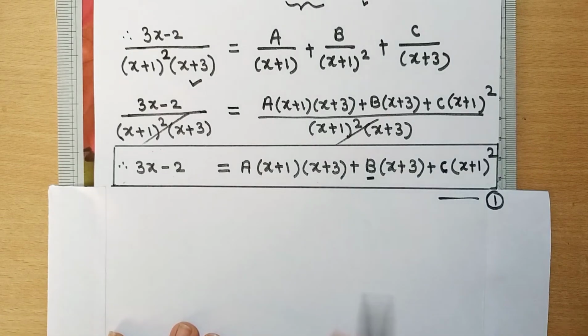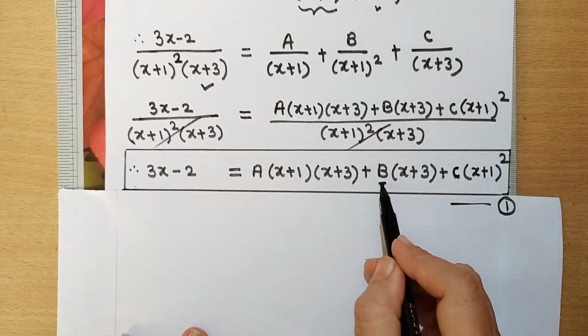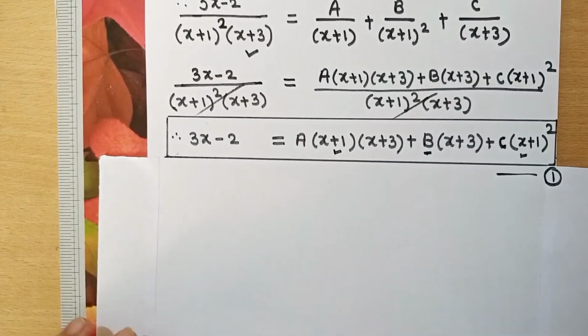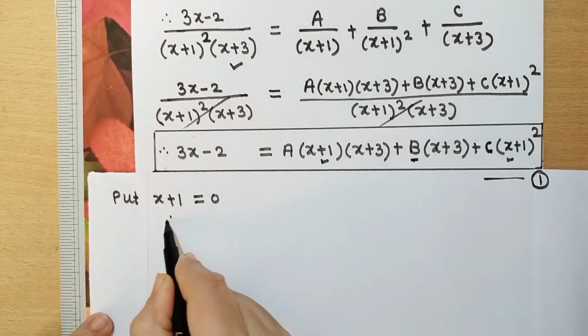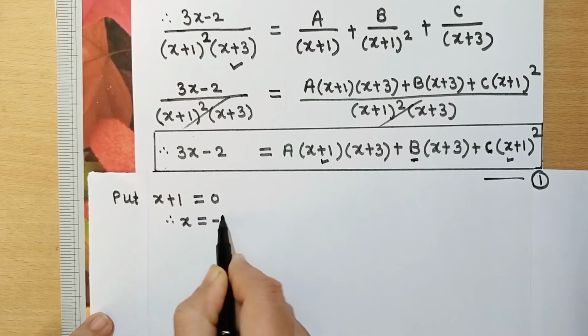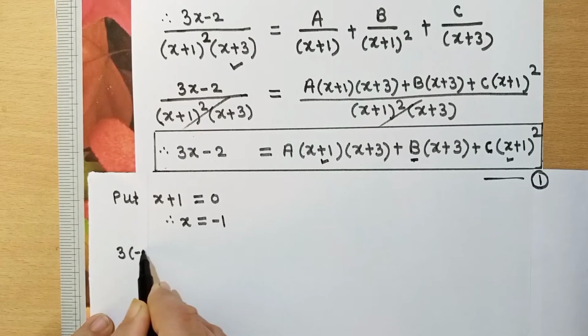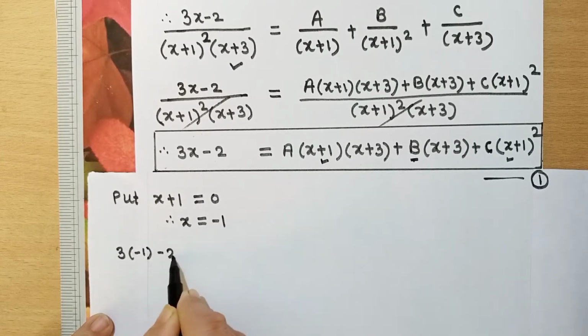First we will find out the value of B. For that we have to substitute x plus 1 equal to 0, and therefore x is equal to minus 1. We will substitute here 3 into minus 1 and then minus 2.